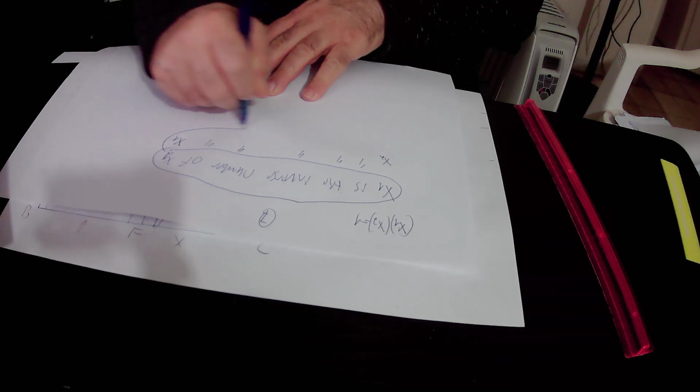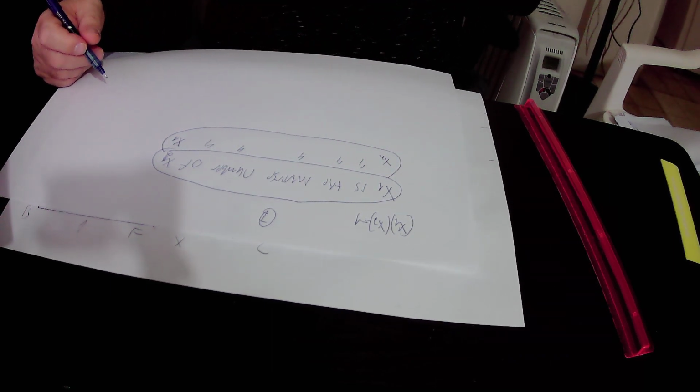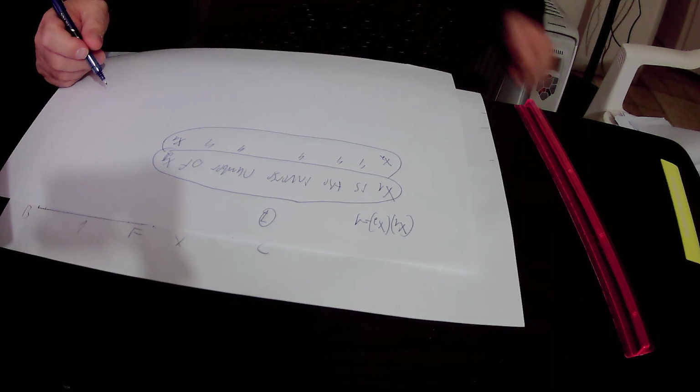Okay? Because x1 times x2 equals 1, x1 is the inverse number of x2, and also x2 is the inverse number of x1.